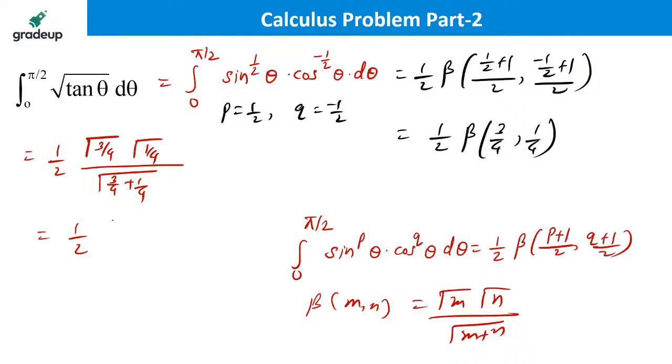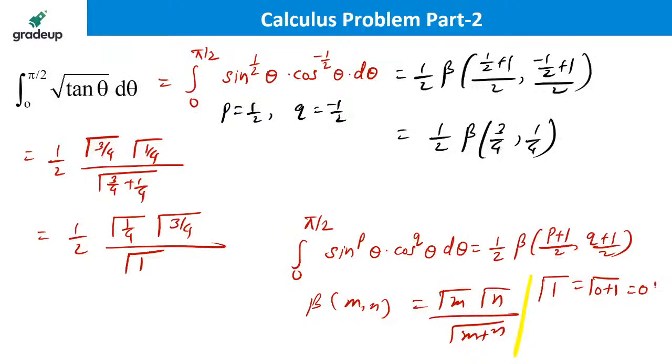So 1 by 2, gamma 1 by 4 is written first, then gamma 3 by 4, and in the denominator you have gamma 4 by 4, that is gamma 1. For students who don't know, gamma function of 1 means gamma of 0 plus 1, which is factorial 0, and factorial 0 is 1. So the denominator will become 1.